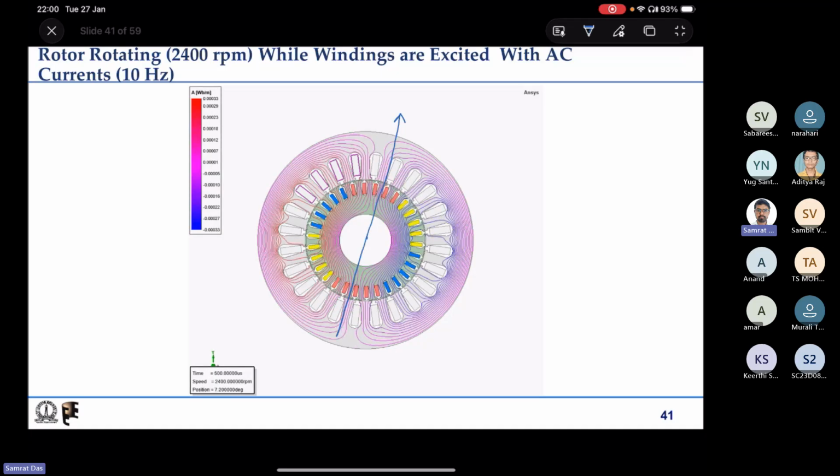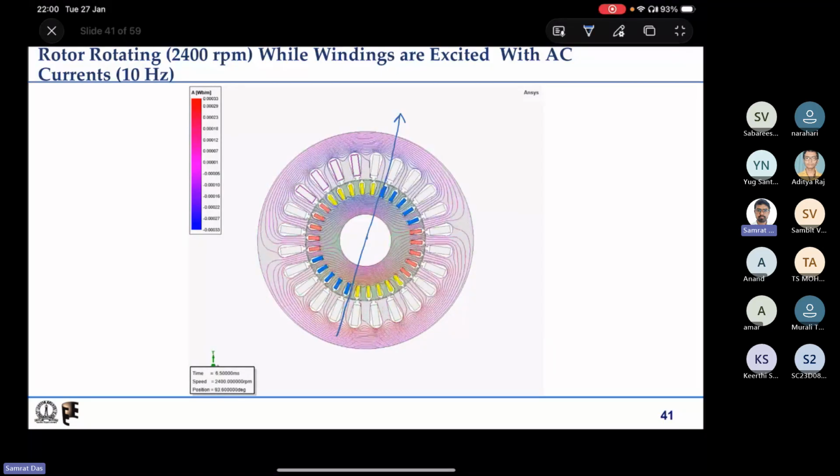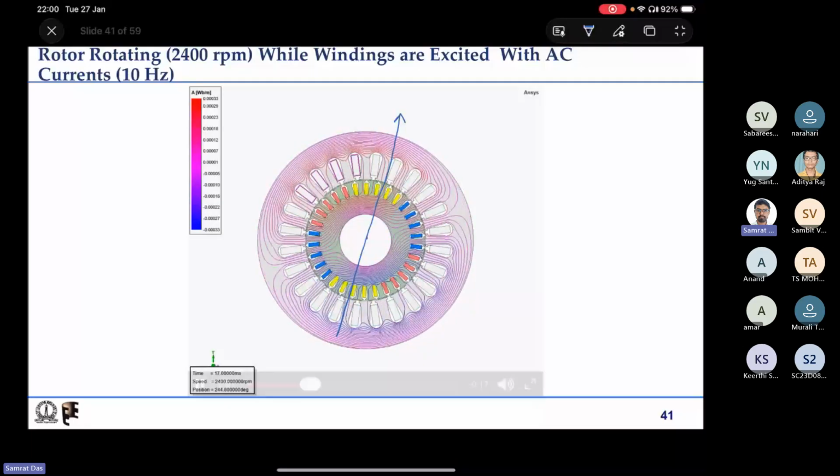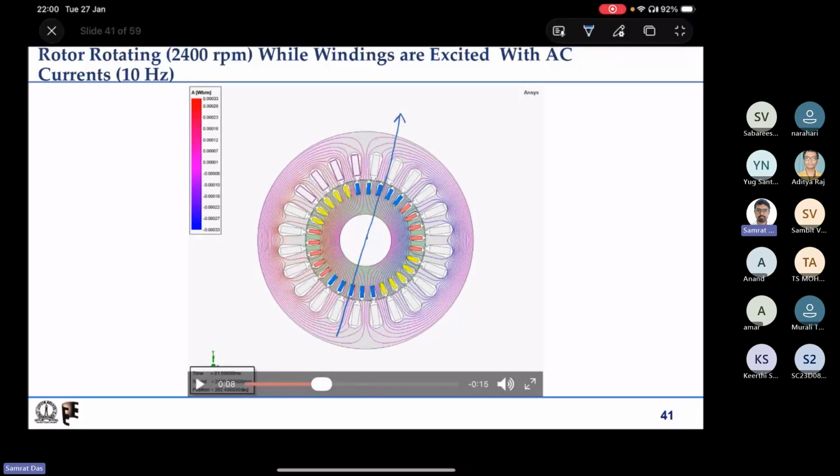Now I'll start the animation. You can see that the magnetic field is rotating, and after 20 millisecond, it has completed one rotation in space and has come back to its original position.